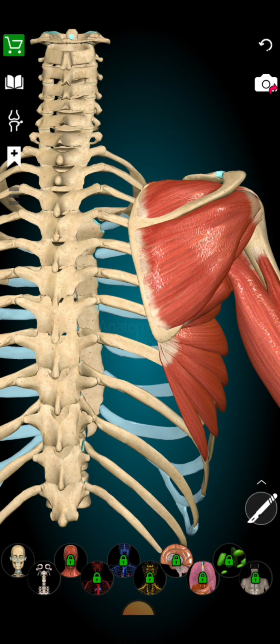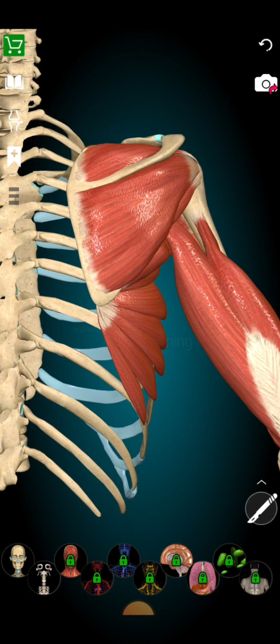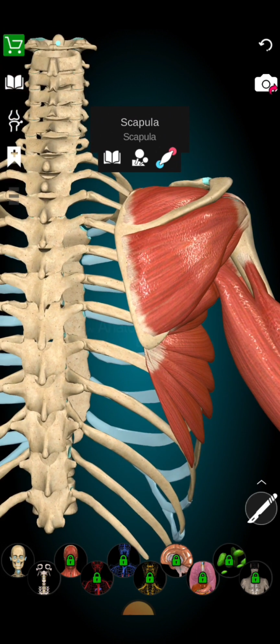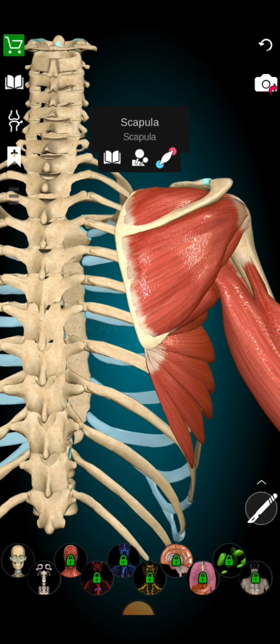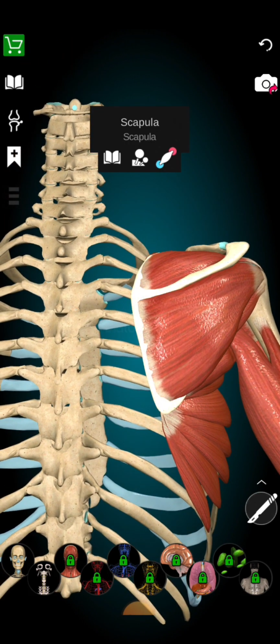Now you can see this is the serratus anterior, and it is going to be attached on the scapula, on the anterior aspect of the medial border of the scapula. This is the medial border. On its anterior aspect, it is getting insertion, right?